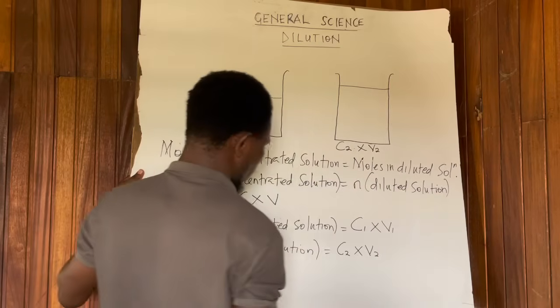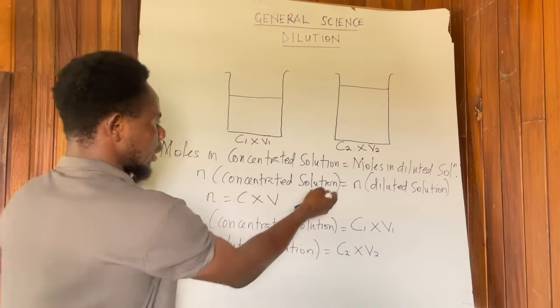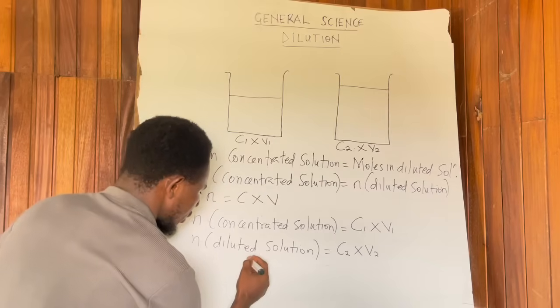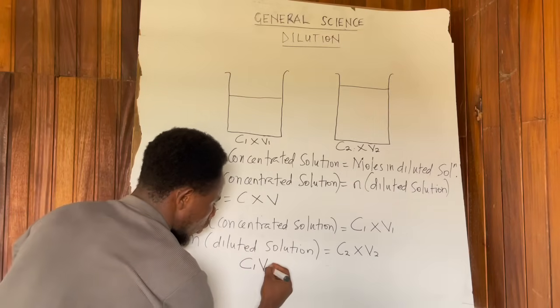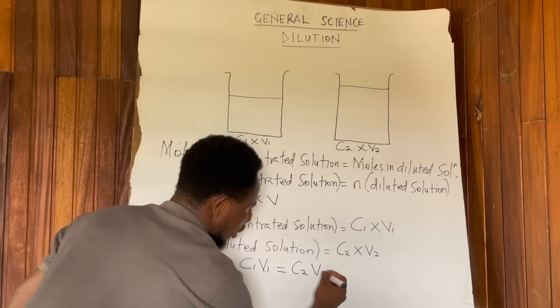Now, since concentrated solution is equal to diluted solution, we can say that C1 V1 is equal to C2 V2.